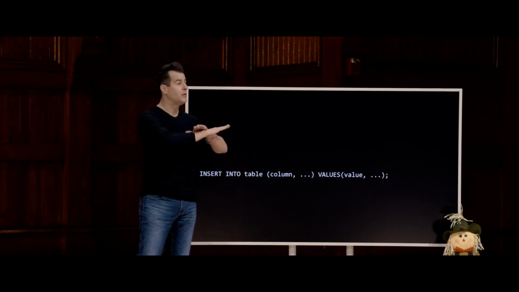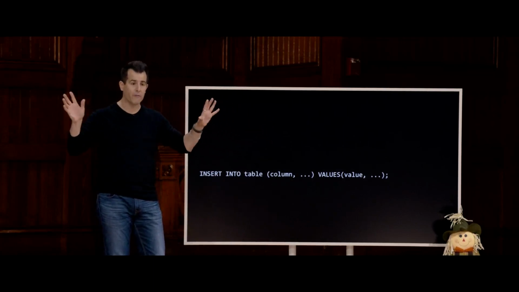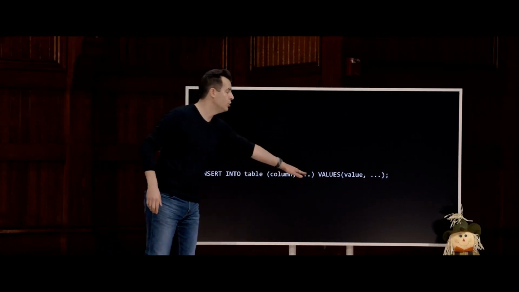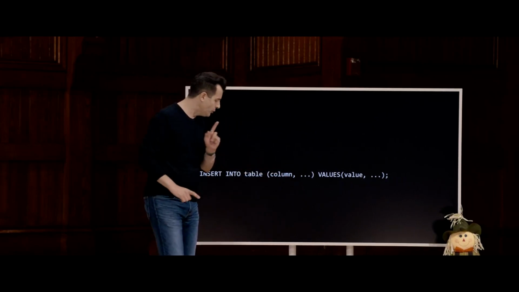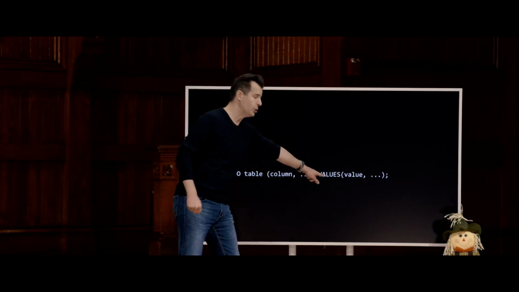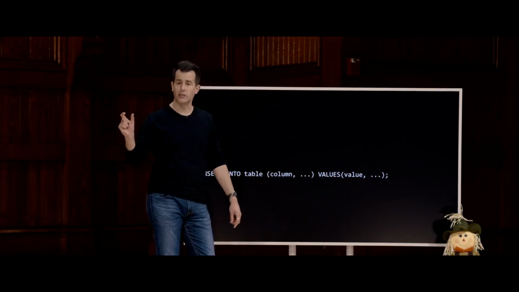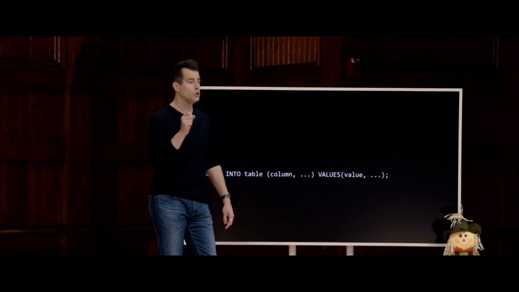This is to say, you don't have to give values for every column in the given row. If you only have answers to some of those questions, you can enumerate them here like this. But the values you insert are going to be these. So you literally say after the close parenthesis, values, and then in a second set of parentheses with the same length comma separated list, you specify what values you want to insert.